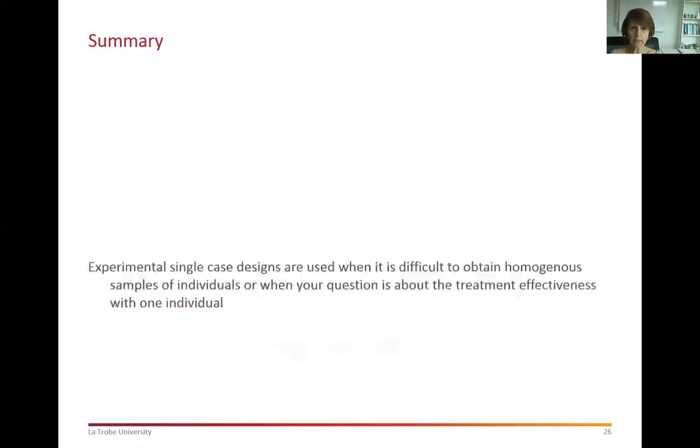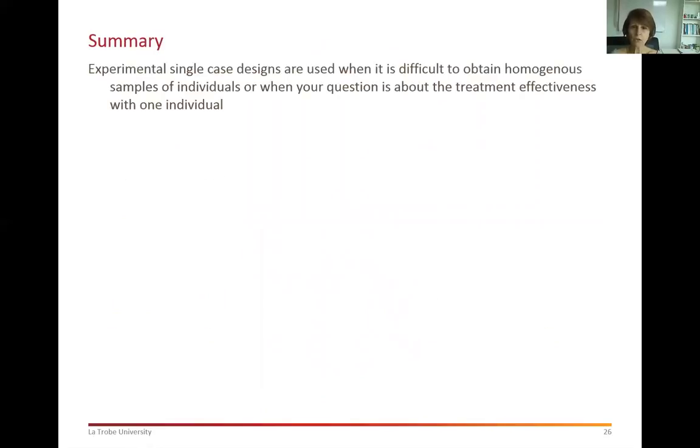So in summary, experimental single case designs are used when it's difficult to obtain homogeneous or large samples of individuals, or when your question really is about treatment effectiveness, about one or a few individuals, when you really just want to know, is this intervention effective and how can I demonstrate that in a way that demonstrates experimental rigour.